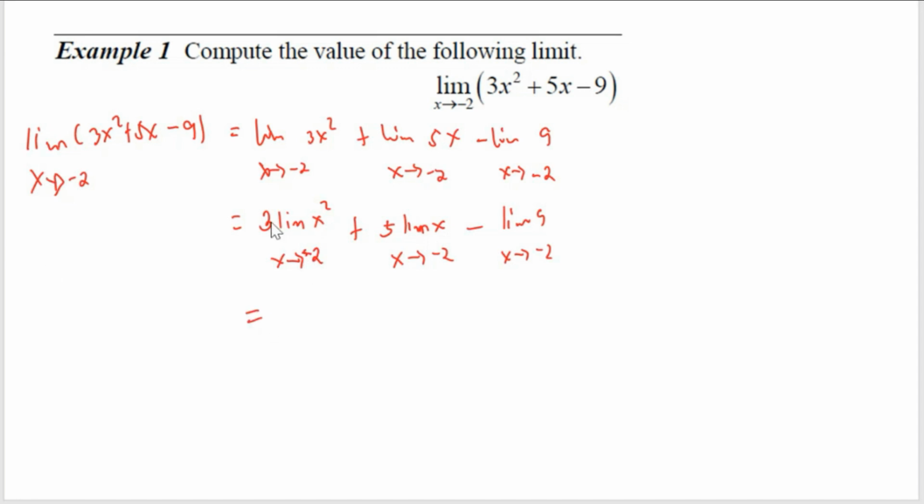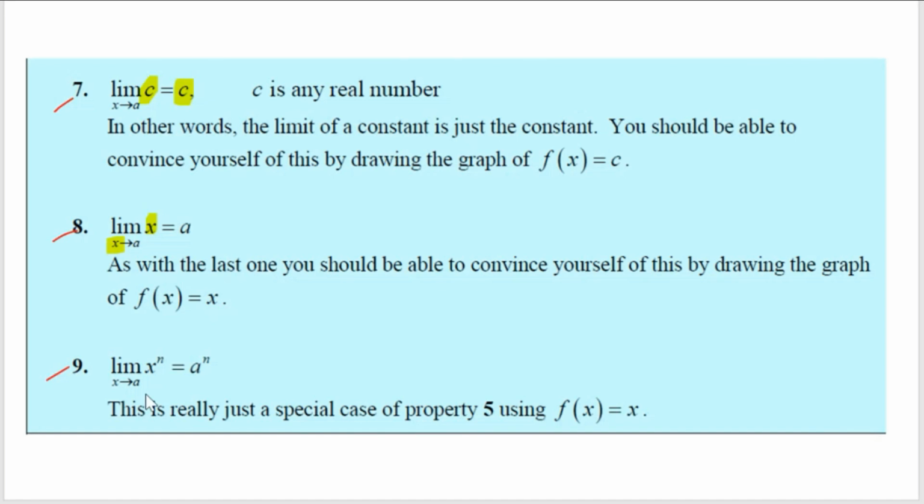For the first term, the coefficient is 3, so we have 3 times. We have the limit of x squared, and we also have x here, that's why the value of x is equal to -2. I'm using property number 9.